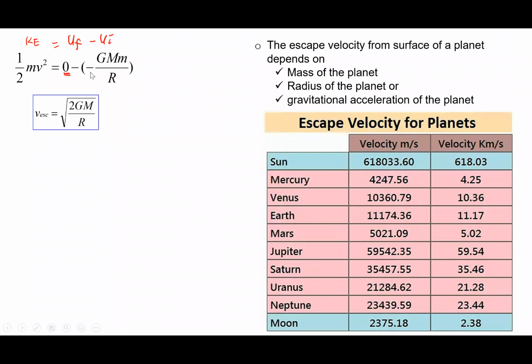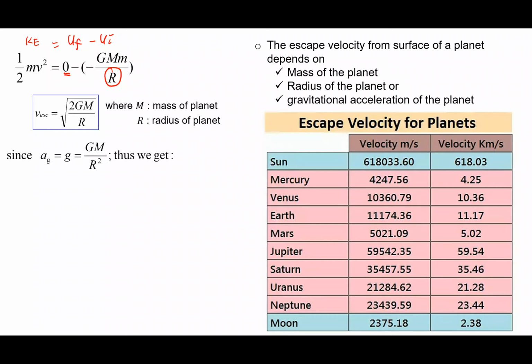Kita assume tadi 0 sebab R dia kita assume sebagai infinity, tolak. Sebab memang equation potential energy ada tolak, so dia akan jadi tambah lah kat sini. So, G M besar M kecil R ni kita substitutekan radius of the planet ataupun radius of the bumi. So, kita dapat equation V escape kita adalah square root of 2GM, which is M ni adalah mass of the planet and R is the radius of the planet.